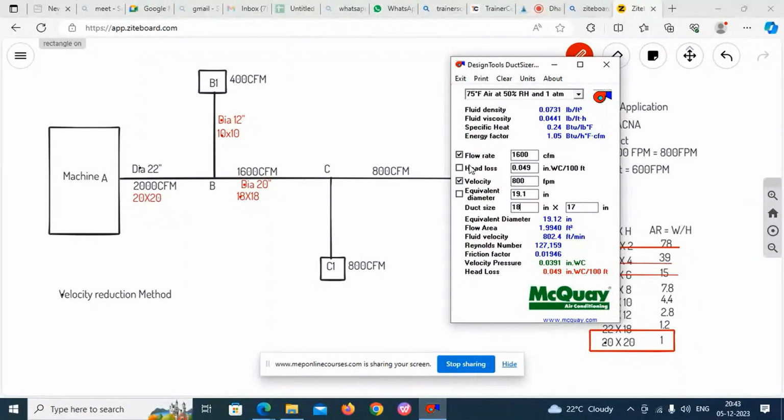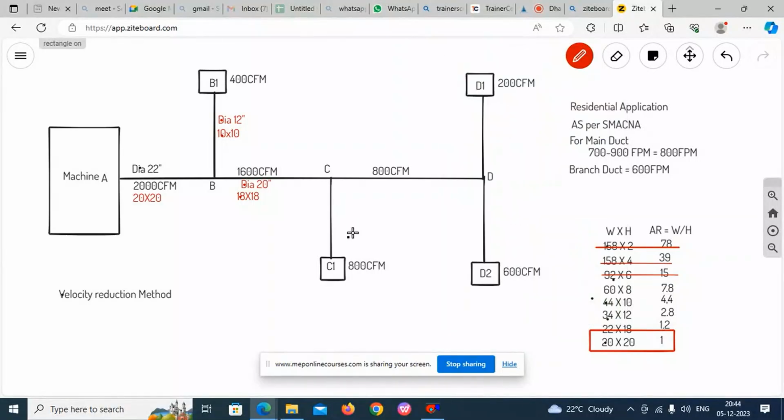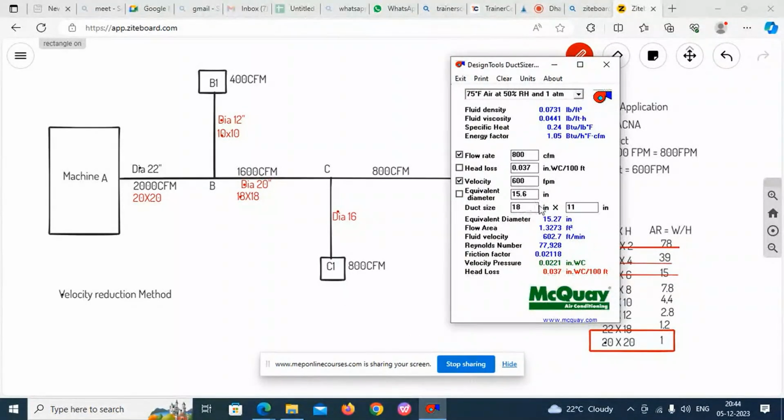Next, C2C1. C2C1 is a branch duct again. 800 CFM and 600 FPM. So 15.6, which is 16 inch. And this is 18 by 11.